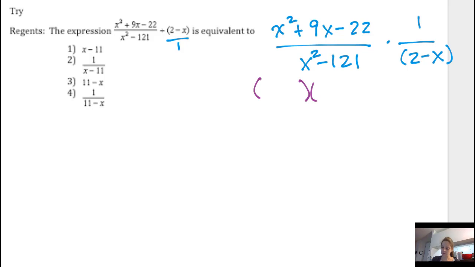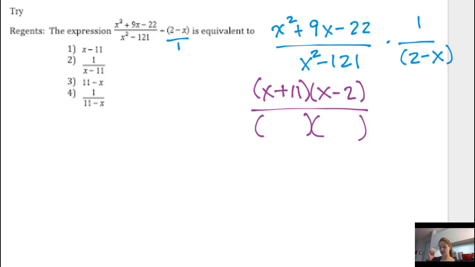Let's say two numbers that multiply to negative 22 and add to 9. Plus 11 and minus 2. The denominator is a difference of squares. So the factors are x minus 11 and x plus 11. Nothing to factor in the second expression.